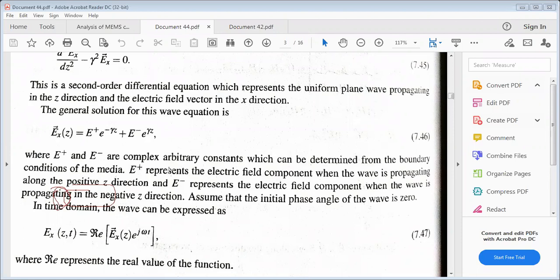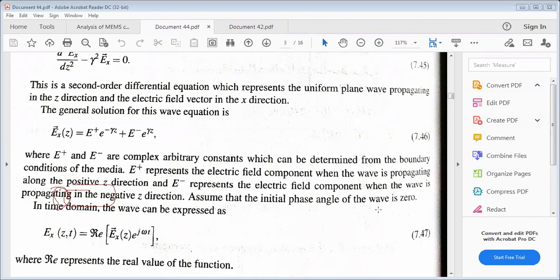Here E plus and E minus are complex arbitrary constants which can be determined from the boundary conditions of that medium. E plus represents the electric field component propagating in the positive z direction, and E minus represents the electric field component when the wave is propagating in the negative z direction. That is the representation here.